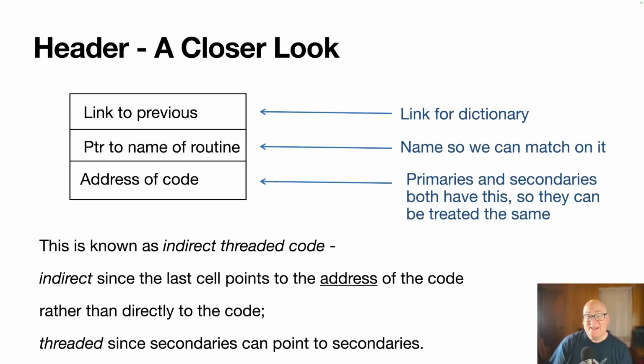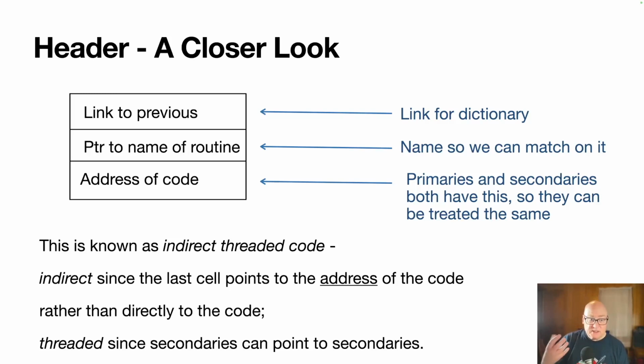Let's look at more detail on the header. We have the link to the previous, so that's for the dictionary. We have a pointer to the name of the routine, which is a string off somewhere, and that's what we match on as we're walking through the dictionary. And then we have the address of the code. Notice that both primaries and secondaries have that address, so we can treat them the same. There's no distinction at runtime between calling a primary and calling a secondary.